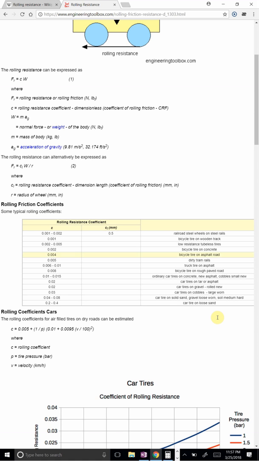Then there's a bicycle tire, or low resistance tubeless tire, bicycle tire on rough paved road, car tire on tar or asphalt, car tire on gravel, car tire on cobbles. They don't have dirt. Bicycle tire on wooden track.